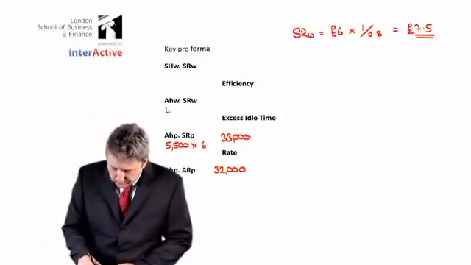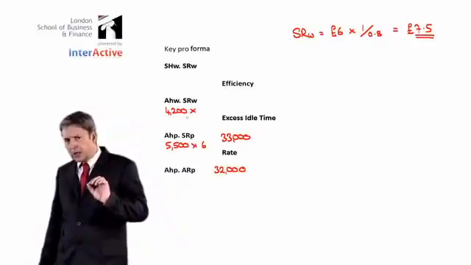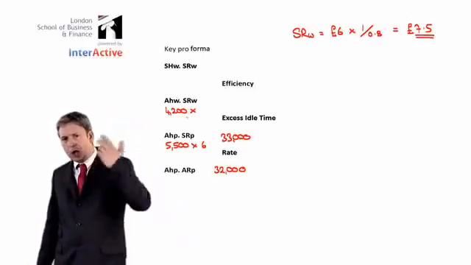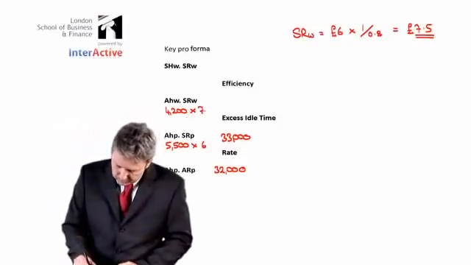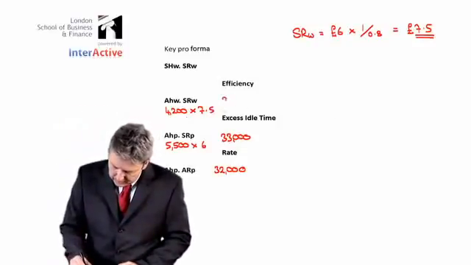Actual hours worked, 4,200. But because we budgeted idle time, we now have to charge the higher standard rate per hour worked, 7.5. And that gives us 31,500.